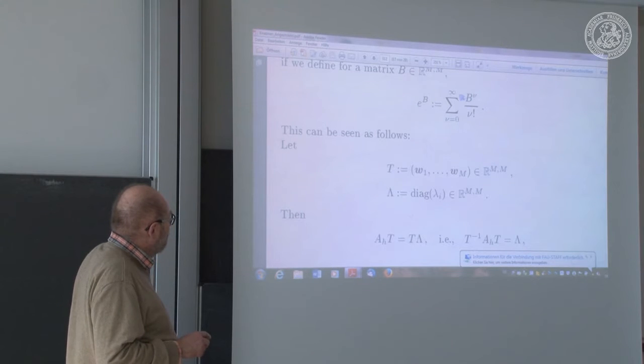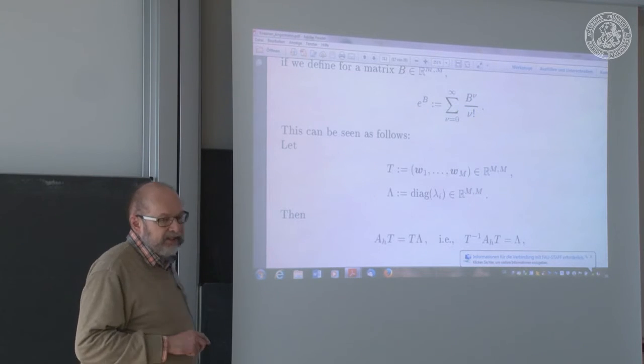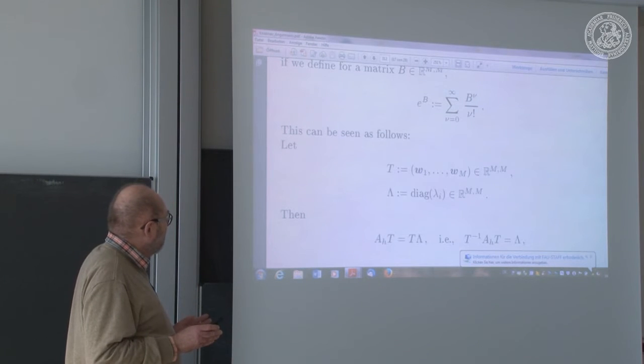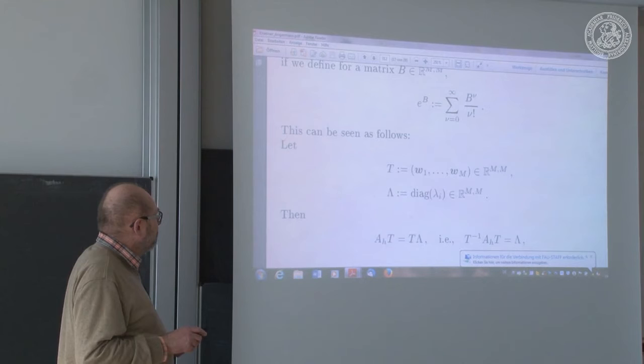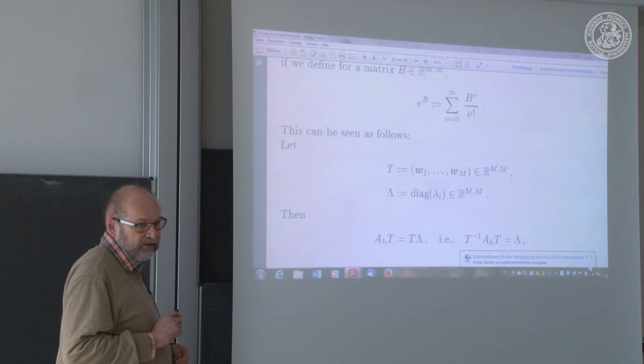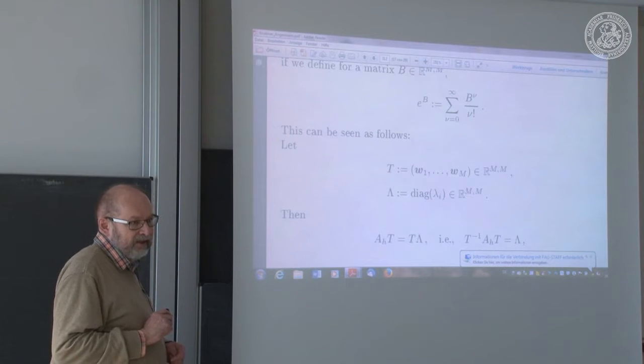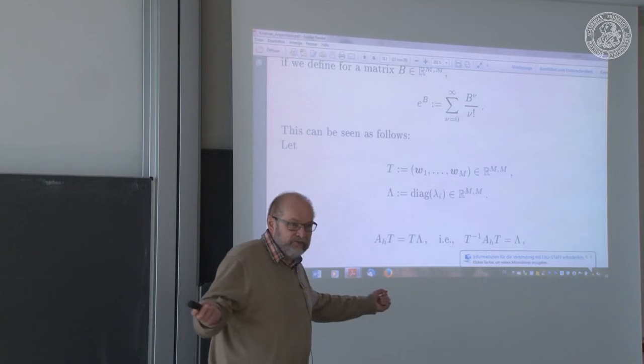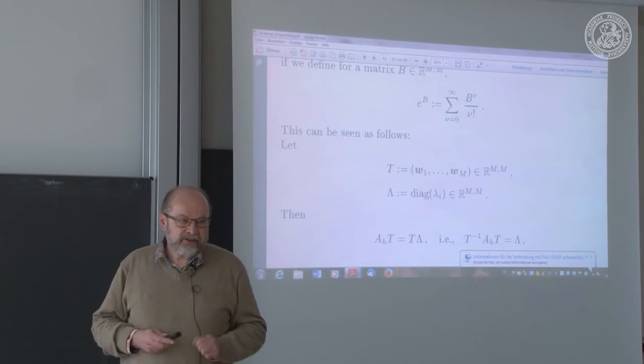In which cases do I have convergence? The answer is I have convergence as long as the spectral radius of the matrix is below the radius of convergence of the power series. And as for the complex exponential function the radius of convergence is infinity, we have no restrictions whatsoever.